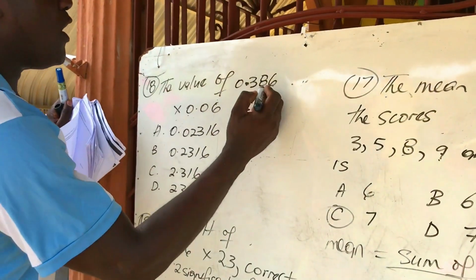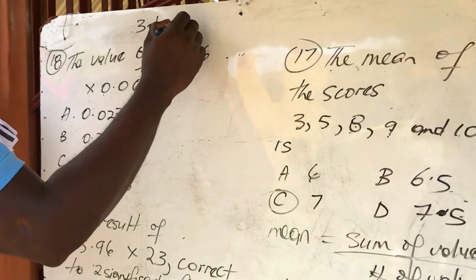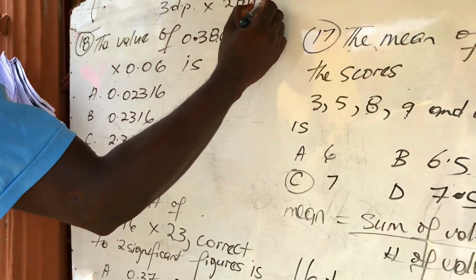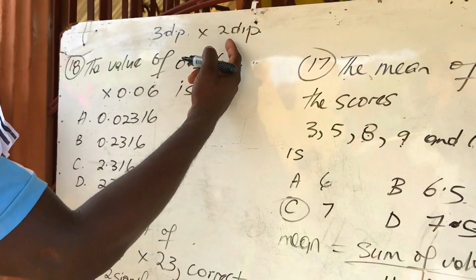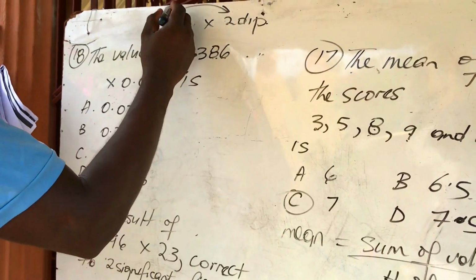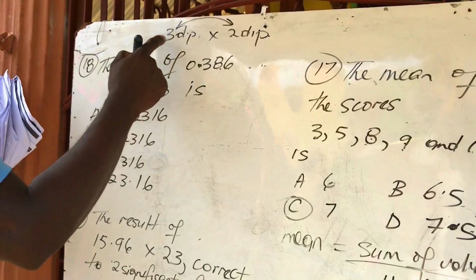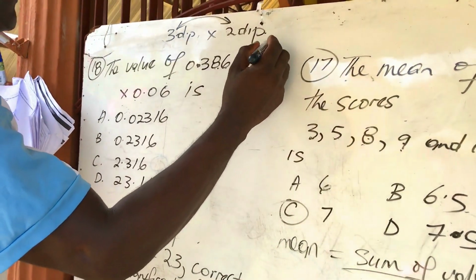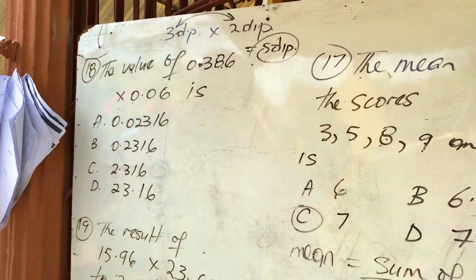Now, usually, if we are going to multiply a 3 decimal place figure by a 2 decimal place figure, then the product will have the sum of the decimal places. So when I add 3 plus 2, I actually get 5 dp. So usually the product would have 5 decimal places.